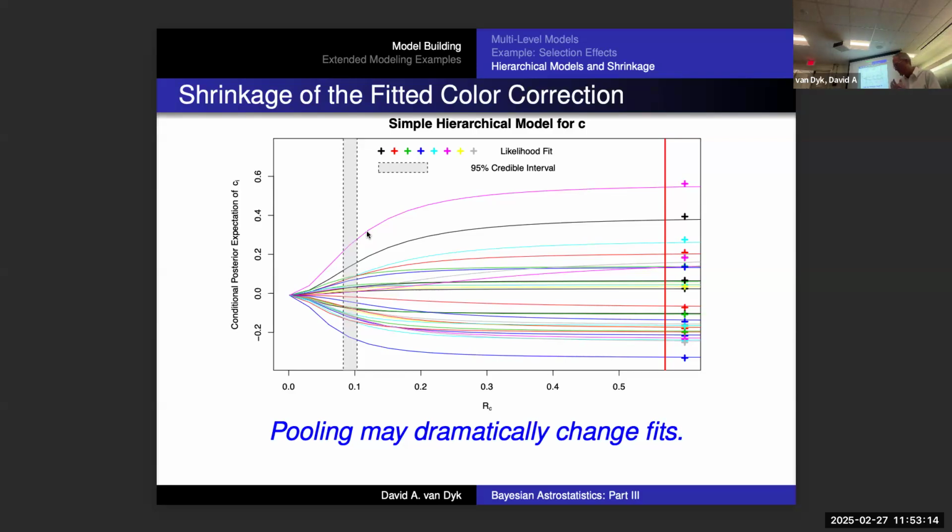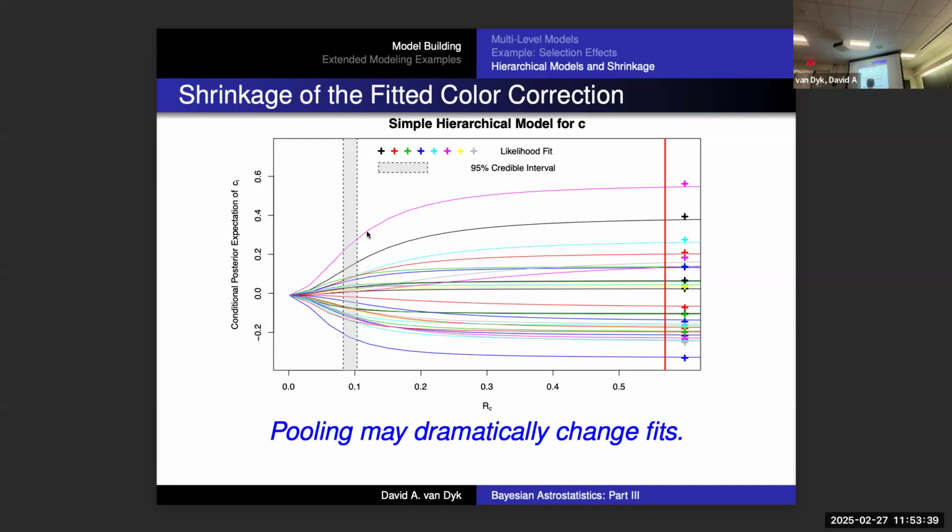In this case, I'm going to leave the individual estimators alone, and I'm just going to look and see how these estimators vary depending on the homogeneity in the population. So this RC, remember, this is the variance of the true Cs, the true color. So how much variability there is in this color correction among supernovas.